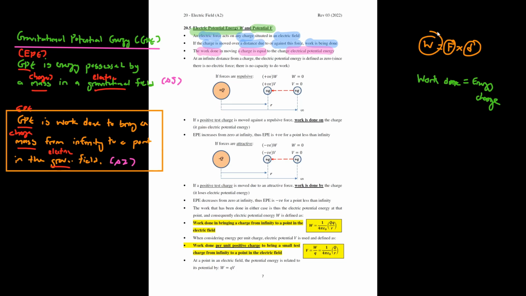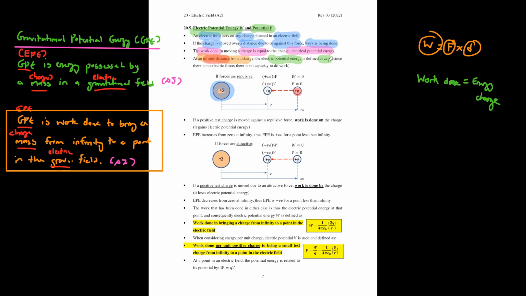If you're talking about a charge at an infinite distance, let's say I give you this particular case. You have one positive main charge here, and then you have one test charge. You place it at an infinite distance from the charge. For the test charge at the infinite distance, its electric potential energy is defined as 0.